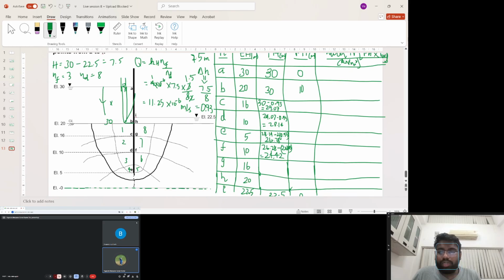Coming to point G, it is one equipotential drop. So for that it will be 24.42 minus 0.93, which comes to 23.49.